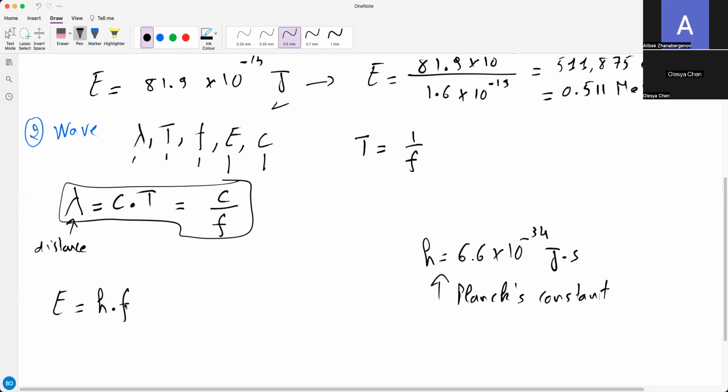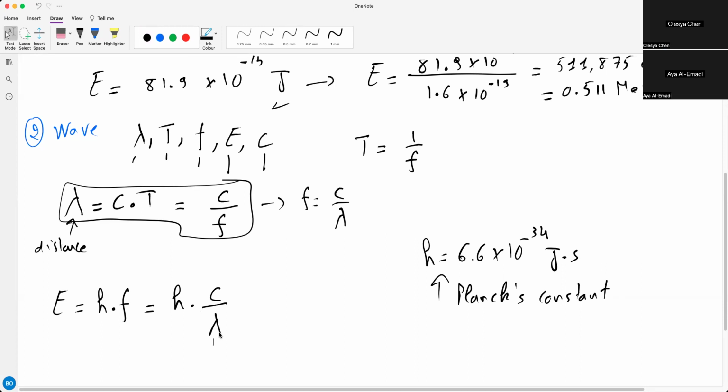Now I can also say that the energy is equal to h times f, and I know from this equation that f is equal to c over lambda. For example, if I am given the wavelength of the photon or the light, I can also calculate the energy, h c over lambda.